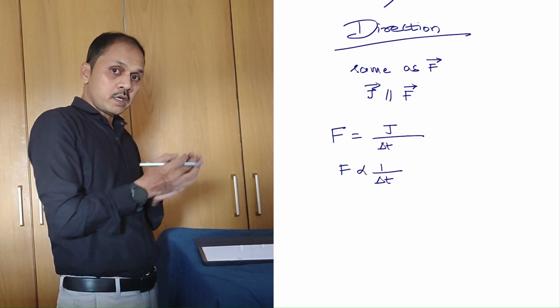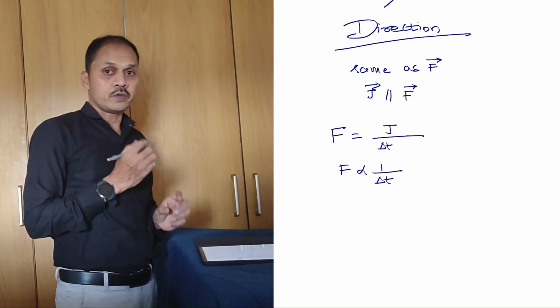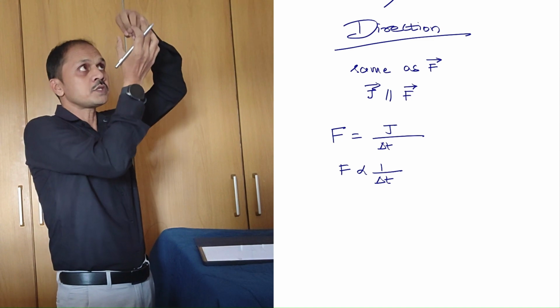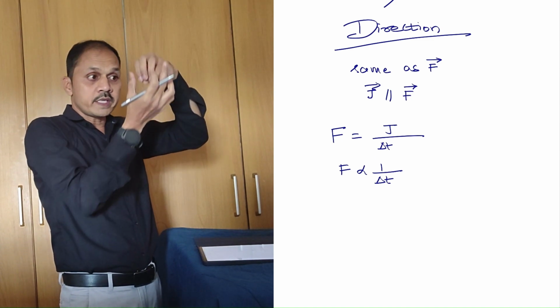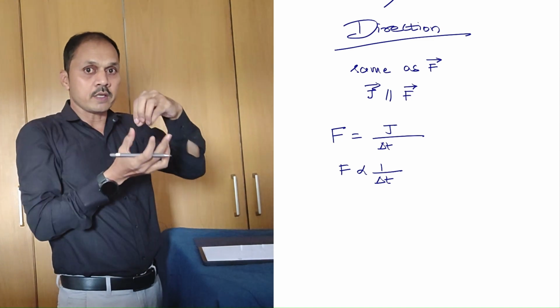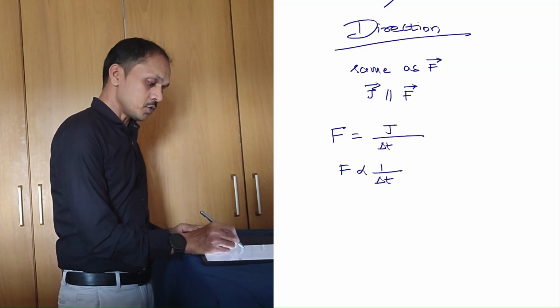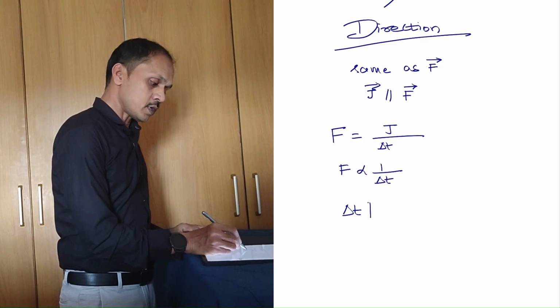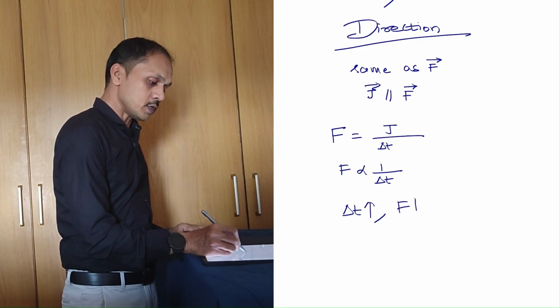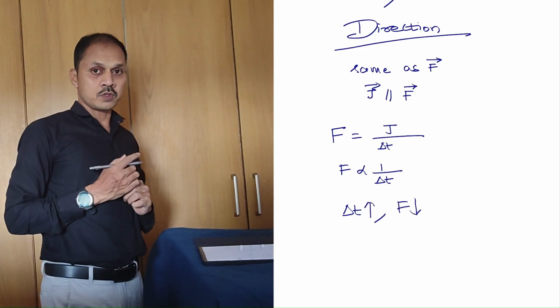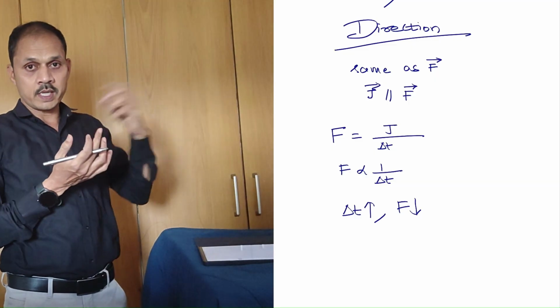But what are we doing here? We are increasing the time interval. We are moving the hand in the direction of the ball, so the time of contact is increasing. As a result, force is decreasing. So time of contact increases and the force decreases. Hence, we experience less force, so it won't bounce off easily from the hand.